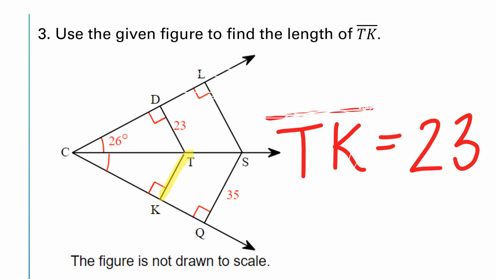I can't tell where my pointer is. There we go. All right, so really, if I'm being careful with my notation, then the length of TK is just described by the letters TK. So I don't need the line segment notation there where I have the line above TK.